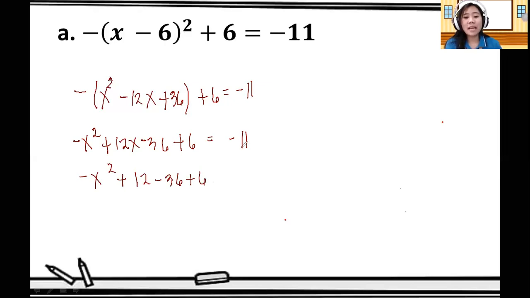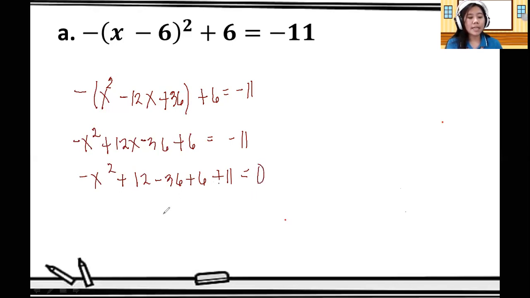So, si negative 11 po, ita-transpose po natin siya sa left side of the equation. So, when transposing a number or when transposing a term po sa kabilang side, nag-change po tayo ng sign. So, negative 11, it will become positive 11. Okay, so it's equal to 0.